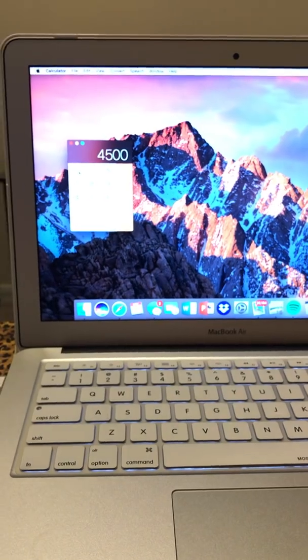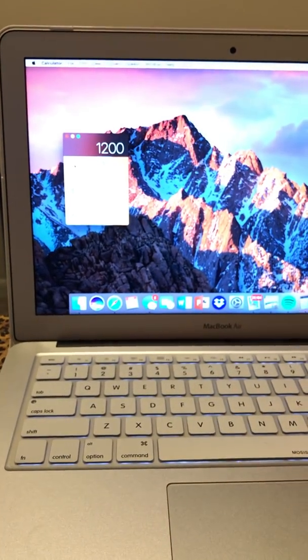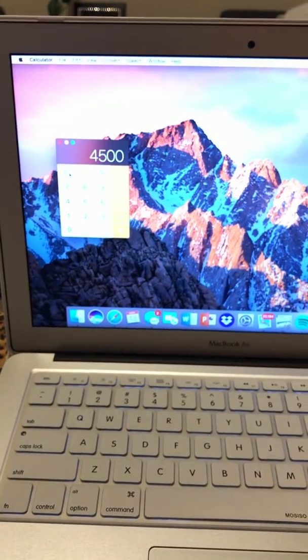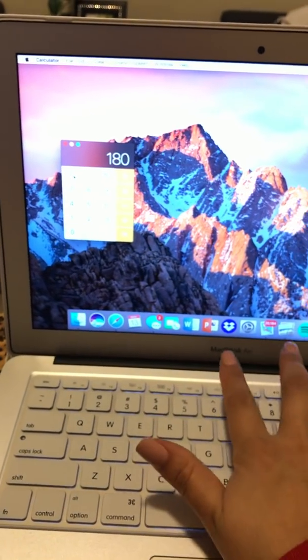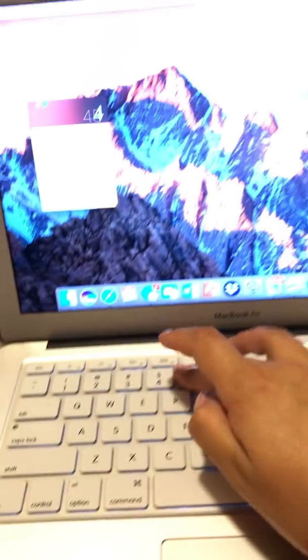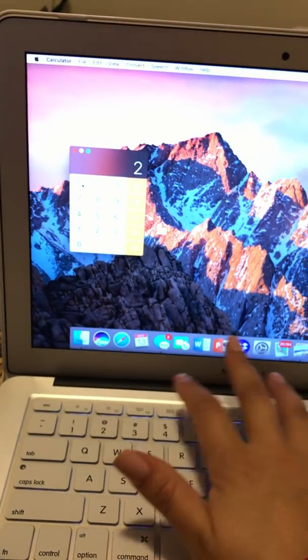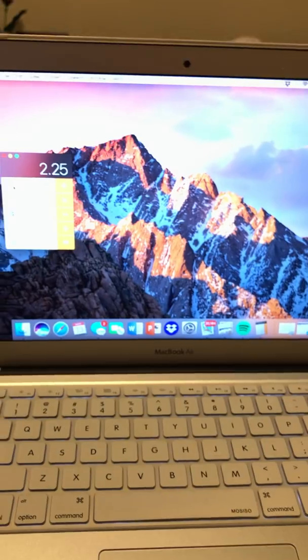So I'm going to write 3 right here. 4,500 divided by 1,200 is 3.75. 4,500 divided by 1,800 is 2.5. 4,500 divided by 2,000 is 2.25.